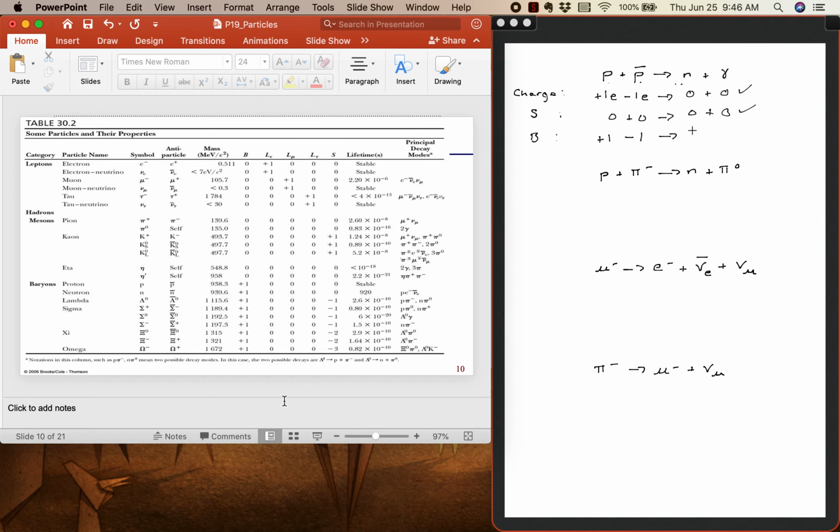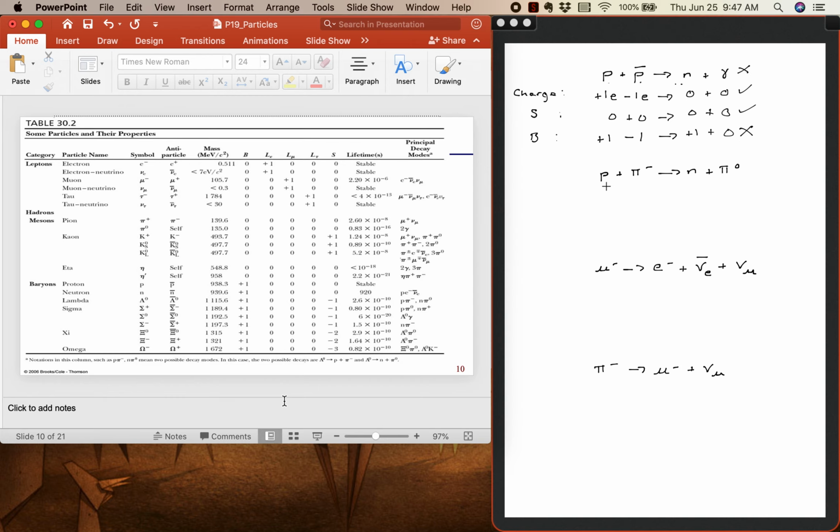That goes to a neutron, which also has a baryon number of +1. And then the photon is 0 for everything. So over here we have a sum of baryon numbers of 0. Here it's +1. So this is in fact violated. This proposed particle reaction violates conservation of baryon number. So we would say that that one is no good.